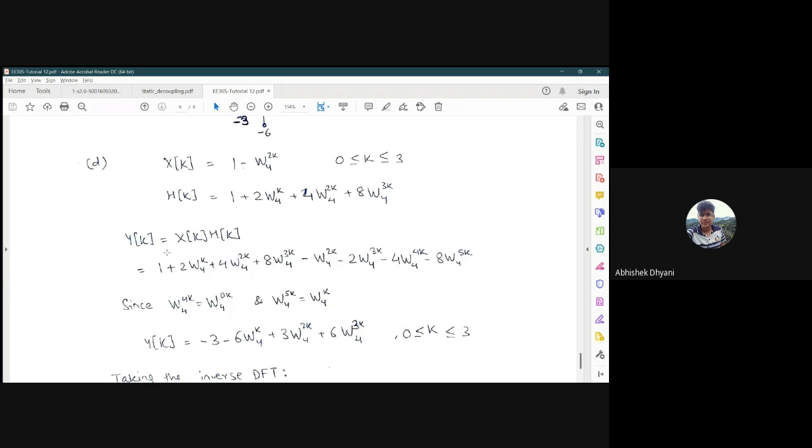So I will get this term here. Okay, and one thing to note here is that the term W4 to the power 4k is the same as W0 to the power 4k, right? Because here we will have e raised to the power minus j pi k, and the same will be here, and both of these terms are actually equal to 1, right?